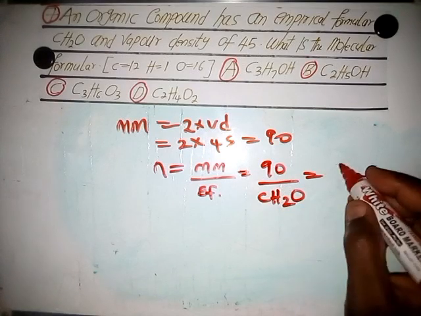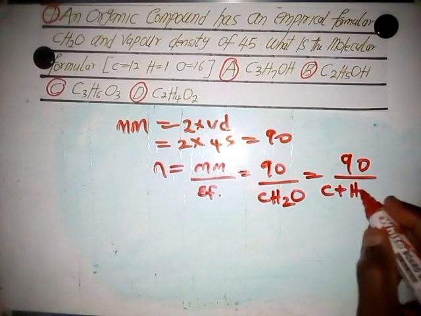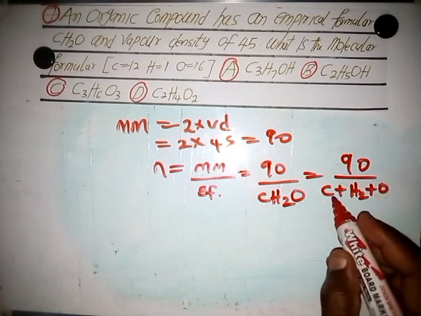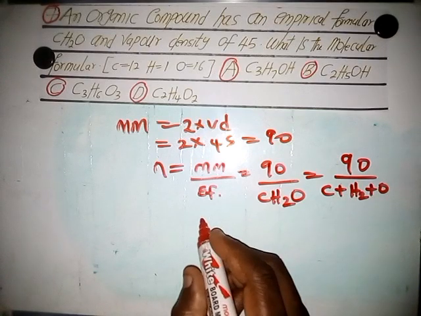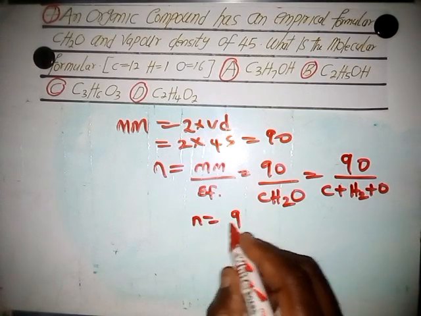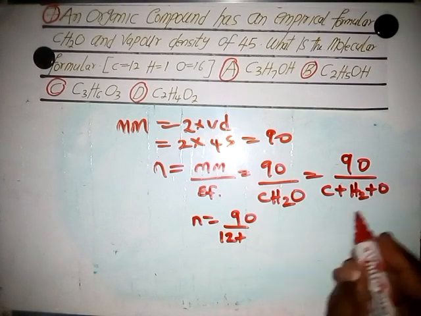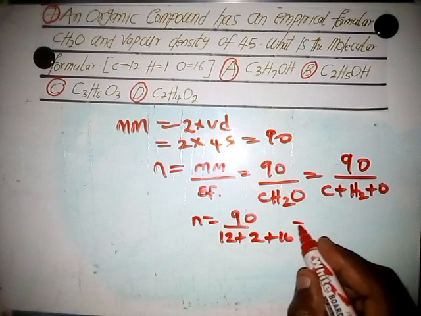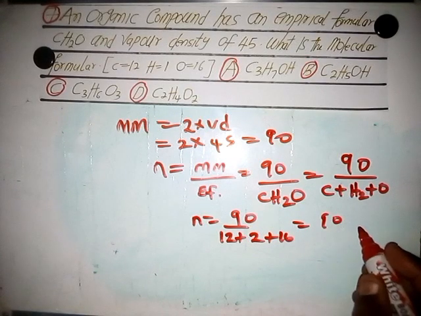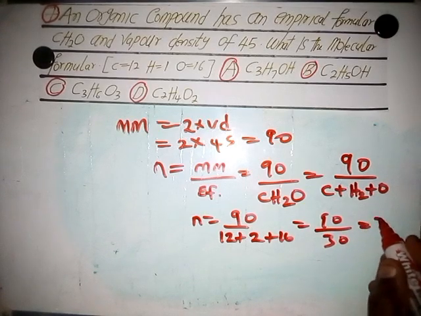I want to split this. This is C plus H2. C is 12, H is 1, O is 16. So this is 90 over 12 plus 2 times 1 is 2, that is 90 over 14. That is 3.